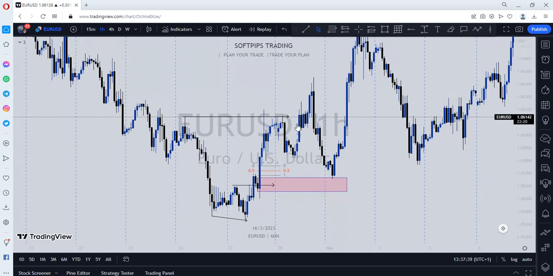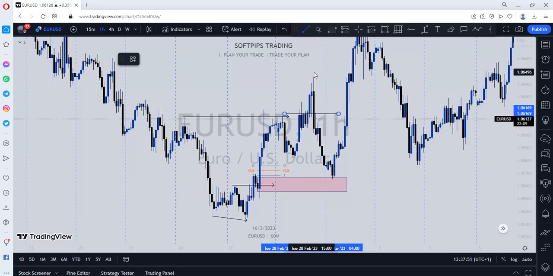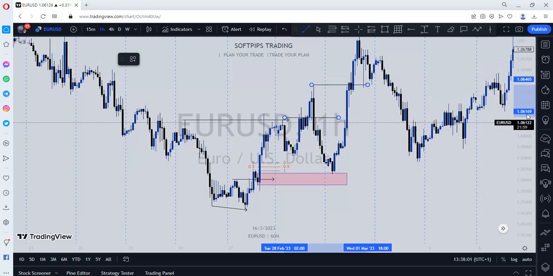It broke this structure, broke this, you see, which shows you the bullish move again.